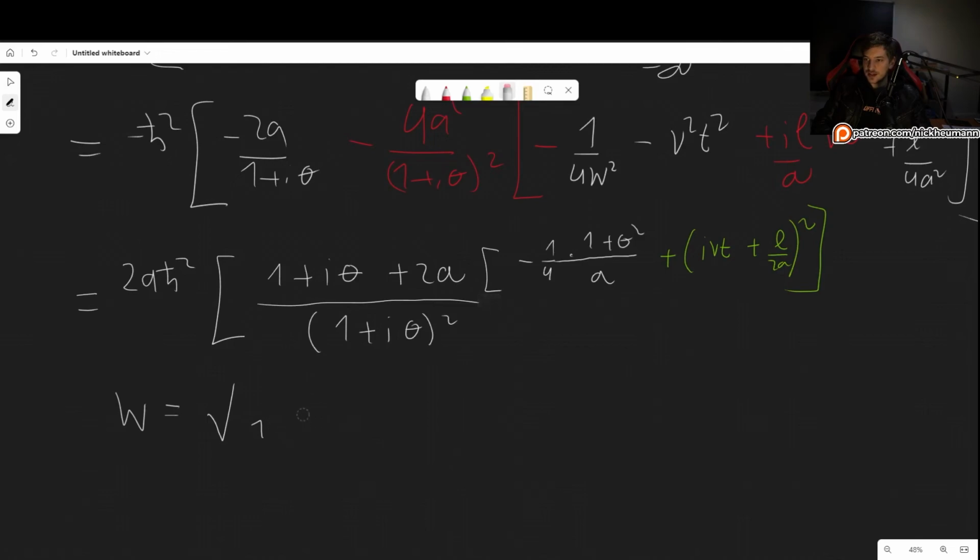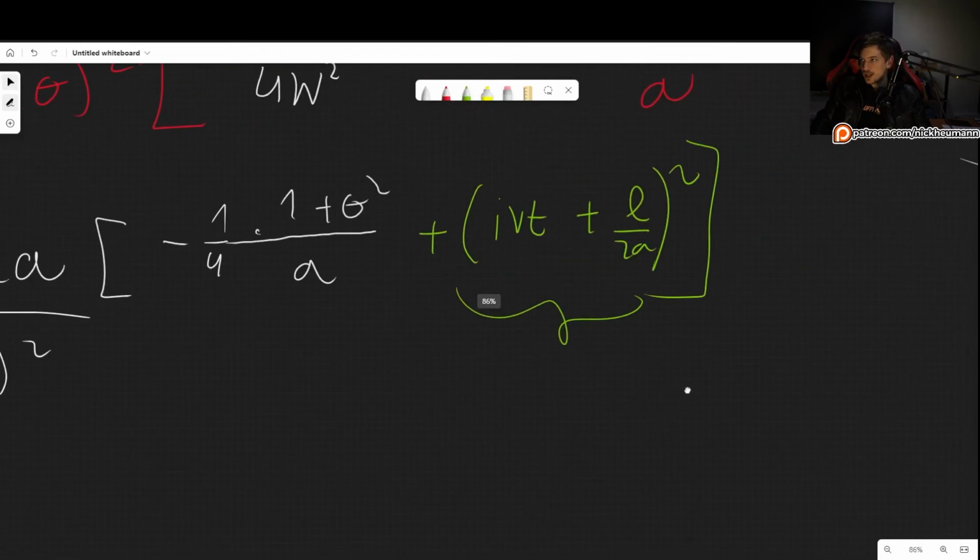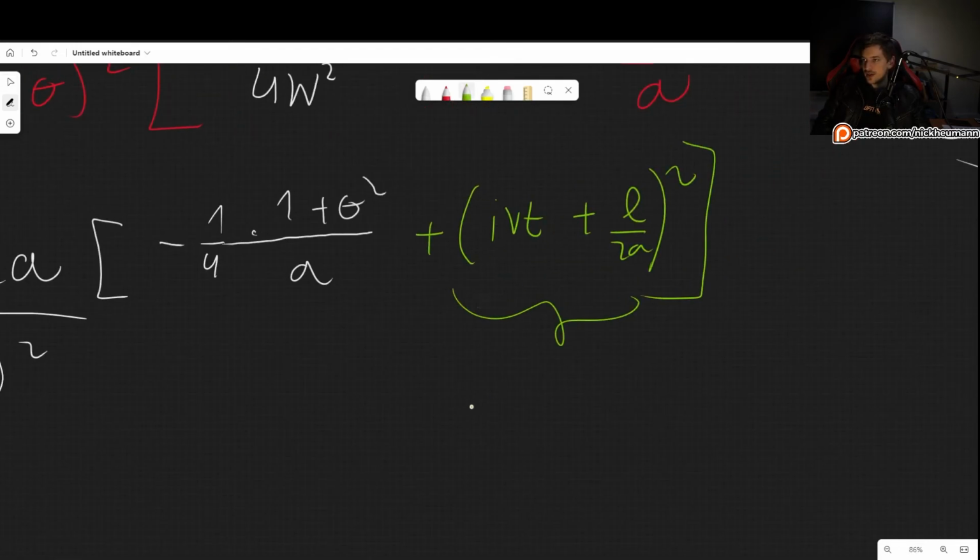However, we can still do quite a few things. For example, in this parentheses, let's just add everything together. So take a common denominator, we get 2a, i vt plus L, divided by 2a. But what was v?